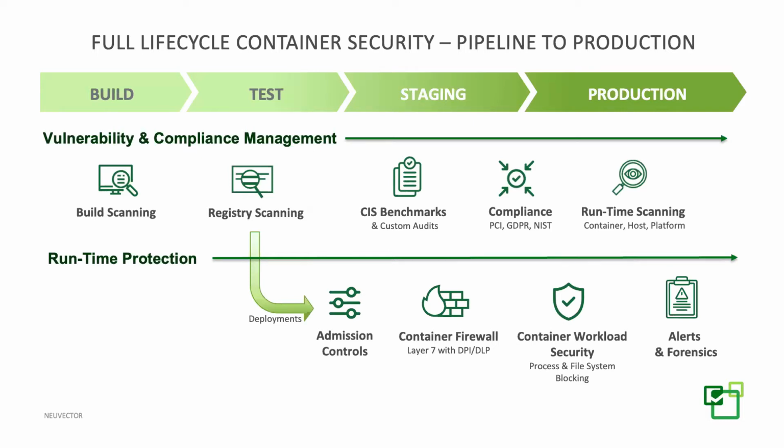Now, once in production, that's where NeuVector's runtime protection kicks in. And for that, we have really three major aspects: a container firewall, which is going to essentially implement a layer 7 application layer firewall.